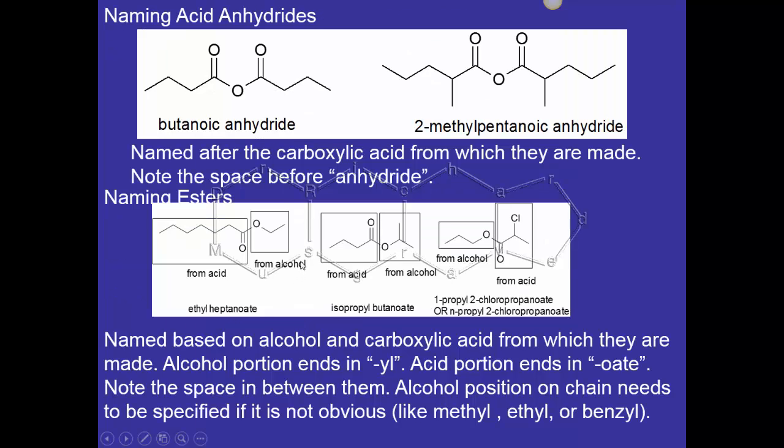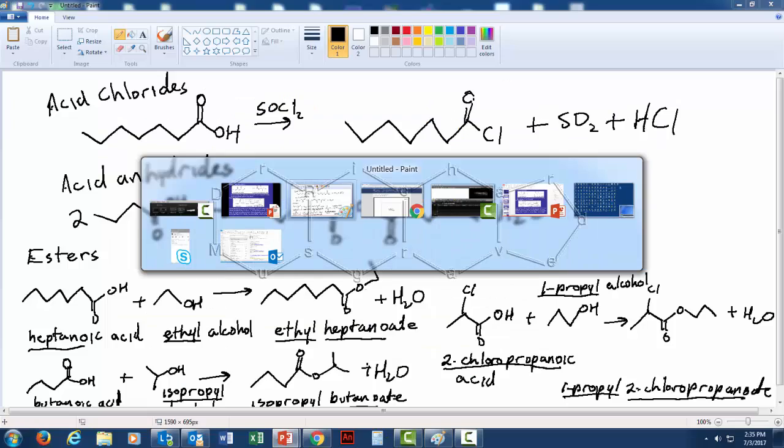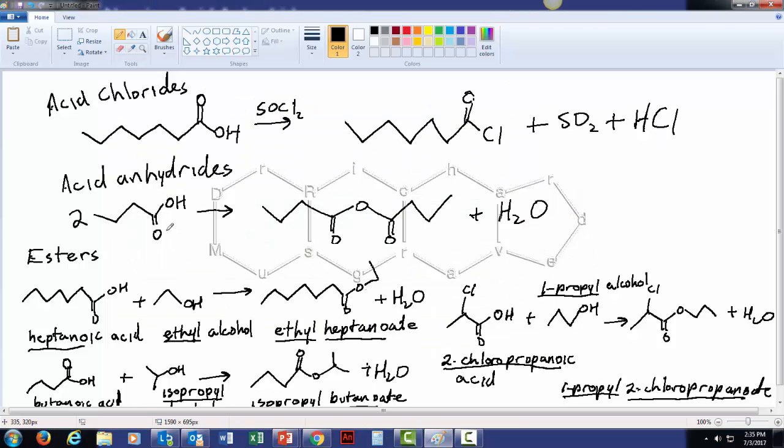When we're looking at acid anhydrides, we name them based upon, again, the carboxylic acid from which they're made. For example, this particular acid anhydride is made from 2 equivalents of butanoic acid, and it's called butanoic anhydride.